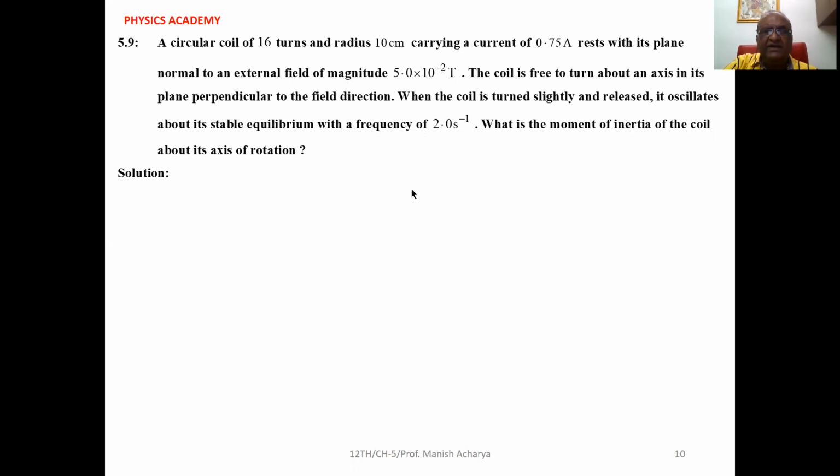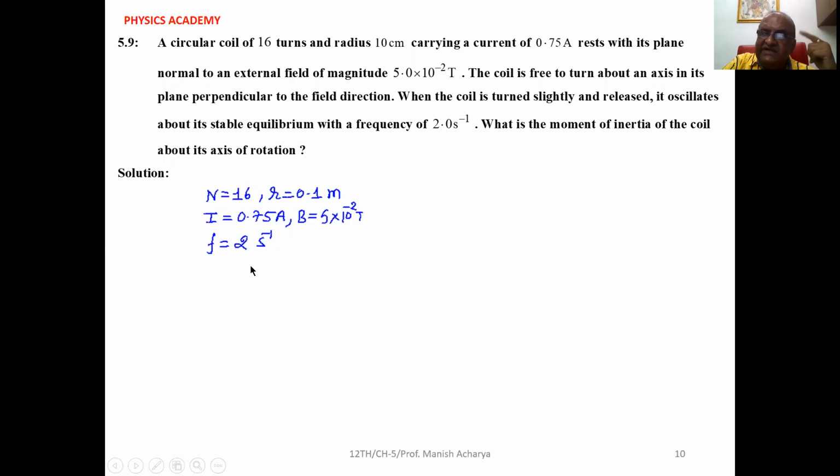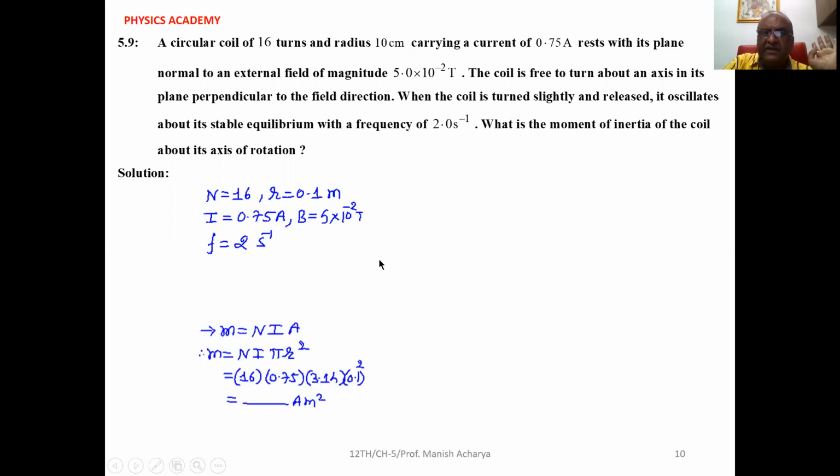Again, a very simple example. See, the given data: total number of turns is 16, radius R is 10 centimeter, so 0.1 meter. The current through it is 0.75 ampere. It is placed in a magnetic field of magnitude 5 into 10 raised to minus 2 Tesla, and it oscillates with frequency 2 second inverse.